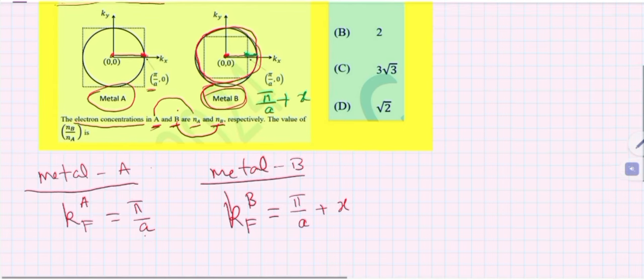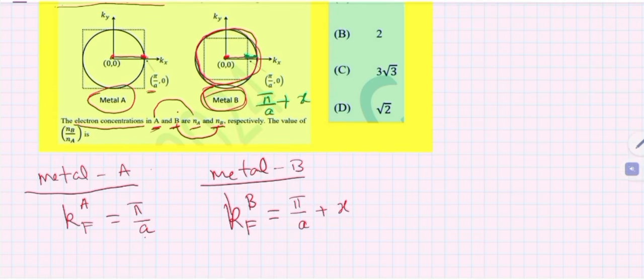So if you look at this diagram, this Fermi surface diagram for metal B, from this point to this point, it is kind of off of this distance.